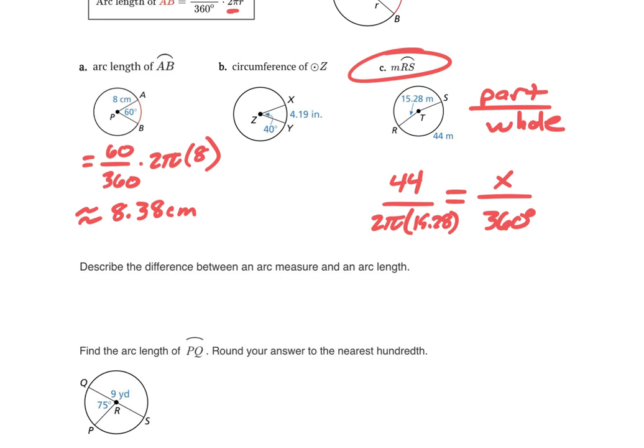Okay, cross multiply. So we're going to do this times this. Get that answer, leave that in your calculator, and then we're going to divide it by 2, then divide it by pi, and then divide by 15.28.